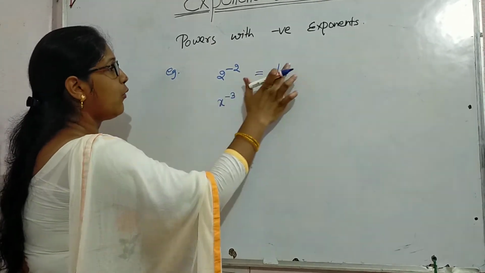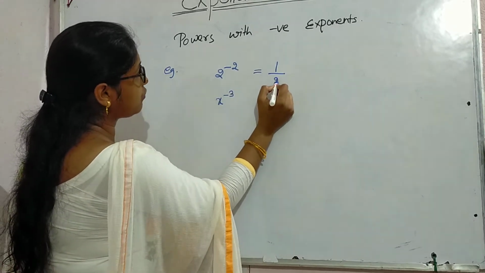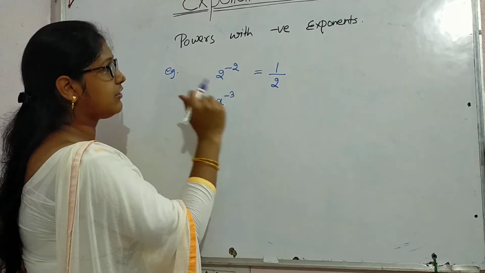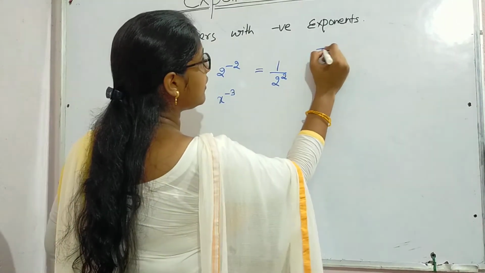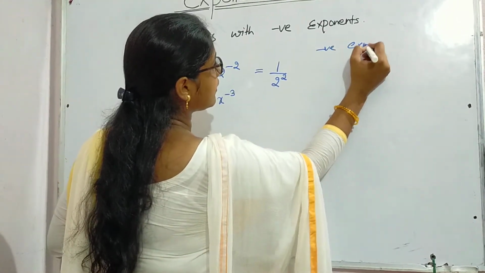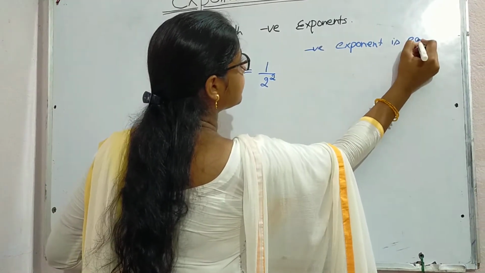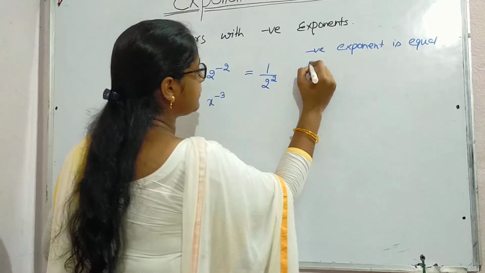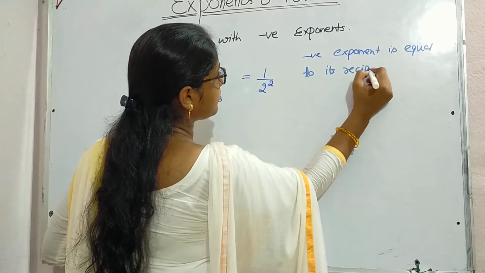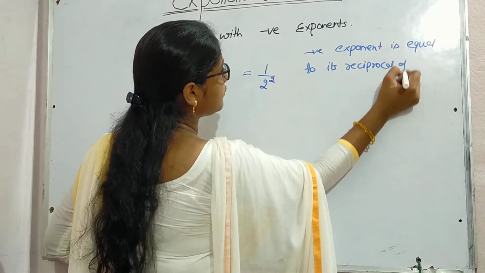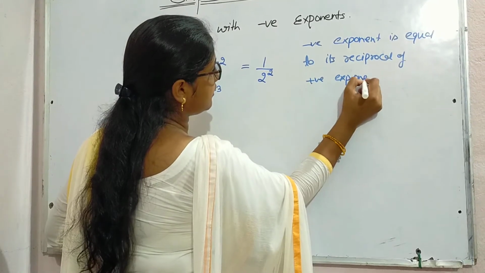It means that reciprocal means 1 by, so here we can write 1 by 2 to the power positive exponent, it means 2 to the power 2. So I can write it here: negative exponent is equal to the reciprocal of the positive exponent.